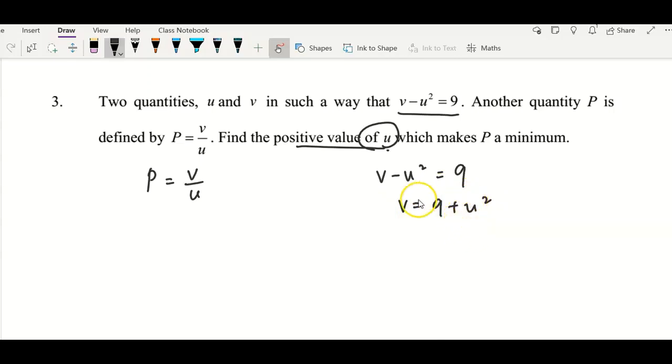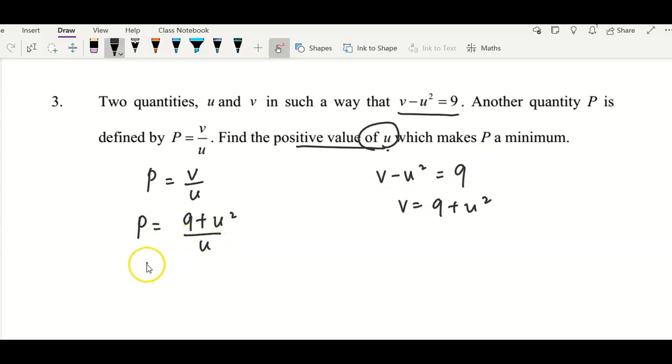Later on, substitute this 9 plus u squared into the P function so that the u will be retained and we actually remove the variable v. So now, substitute v as 9 plus u squared. Finally, I have P in terms of u. So to get P minimum, I need to differentiate P with respect to u.